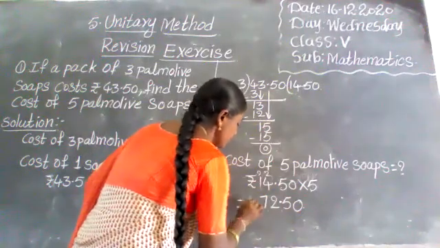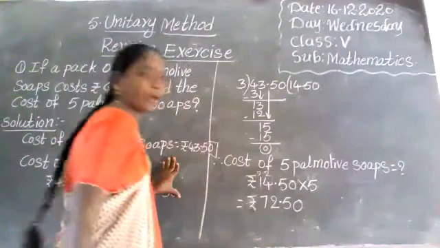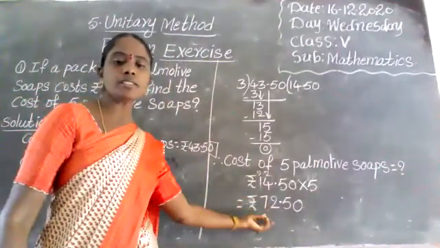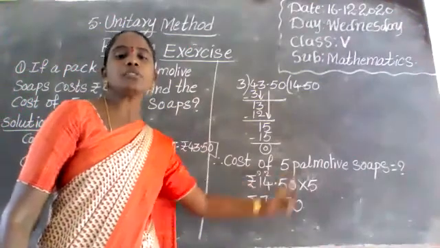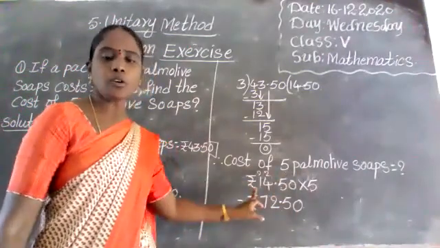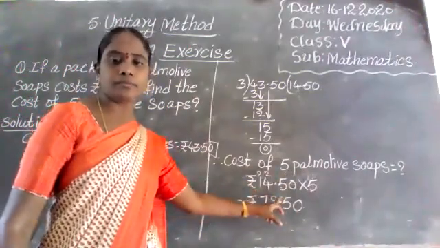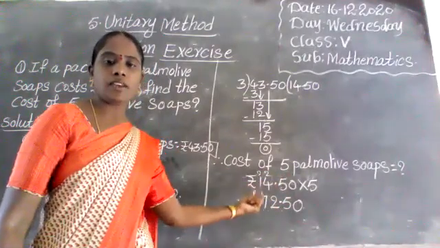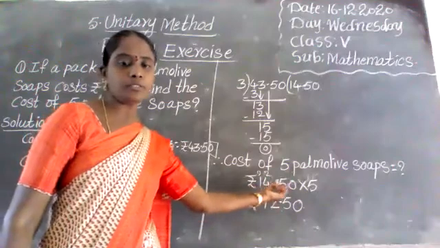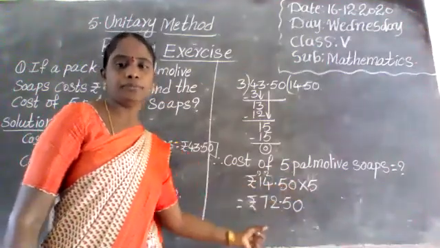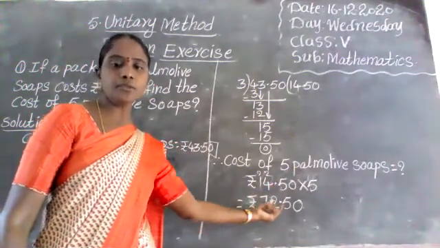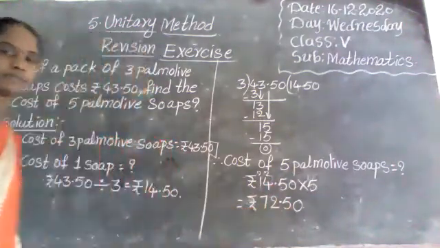72 rupees 50 paise. This cost is the cost of 5 soaps. The cost of 1 soap is 14 rupees 50 paise. The cost of 5 soaps is 14 rupees 50 paise into 5. Then we have to multiply. 72 rupees 50 paise.